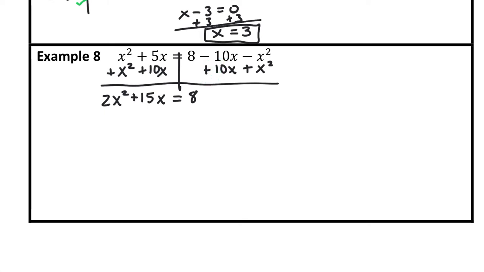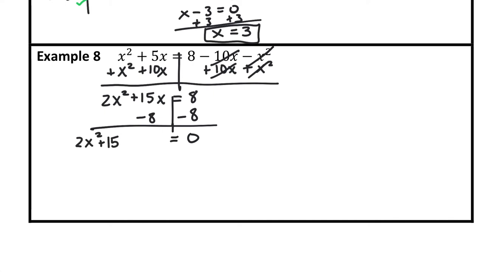Negative 10 plus 10 cancels. Negative x squared plus x squared cancels. And then one more step, I'm going to subtract 8. Subtract 8. Equals 0. And over here I have 2x squared plus 15x minus 8.